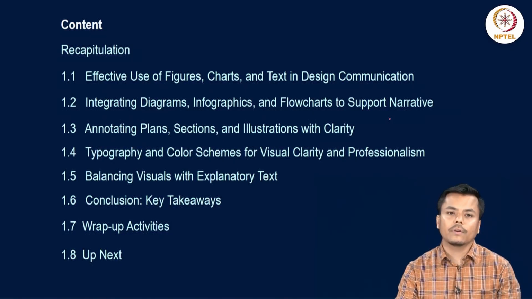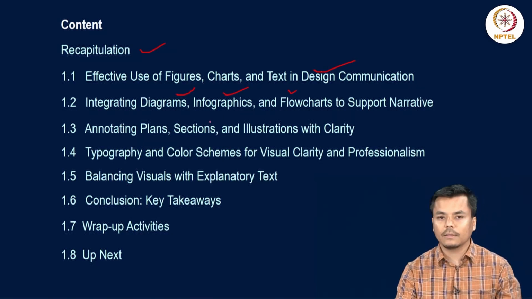So in this we will first start with the recap of what we have learnt in the previous presentation, then we will focus on the effective use of figures, charts and text in design communication, integrating diagrams, infographics and flow charts to support the design narratives.